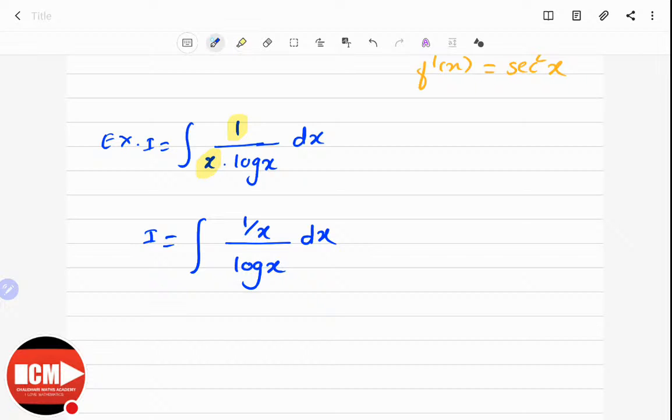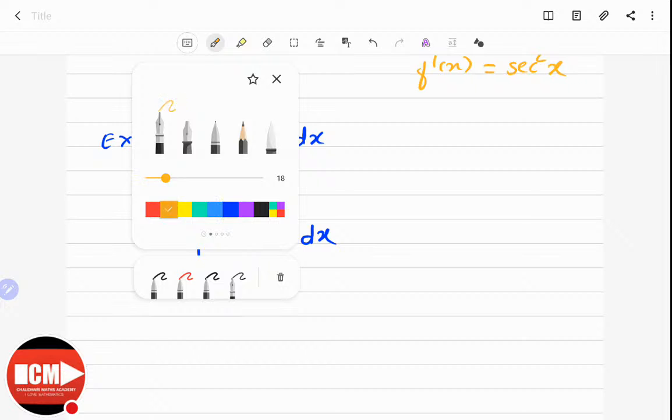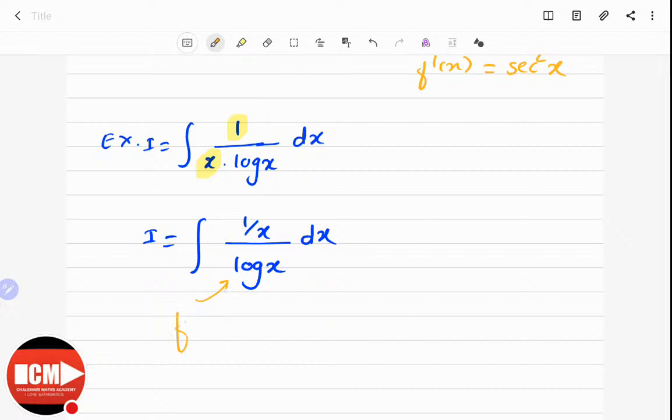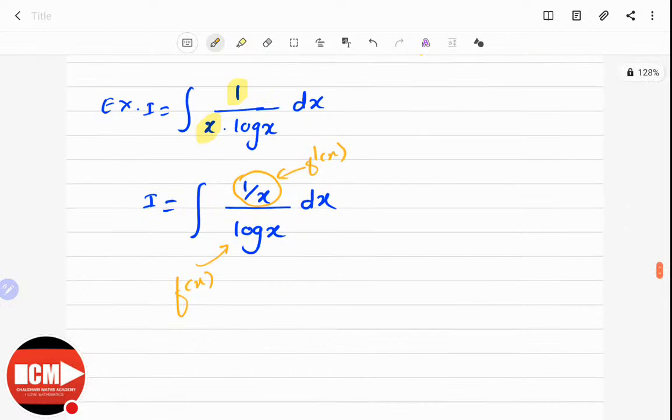Log x is a function, and 1 upon x is the derivative of log x. So if I assume f of x is log x, then you know that the derivative of log x is 1 by x. This is exactly similar to our corollary. A function is present in the denominator and its derivative is present in the numerator.